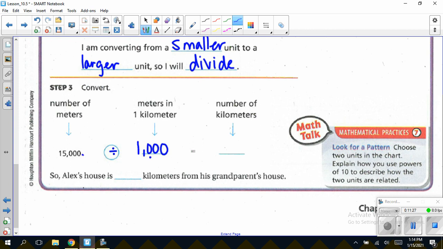And because there are 3 zeros, I'm swooping 3 place values, and remember division is to the left. So therefore, once I swoop that decimal 3 place values to the left, I find that it is 15 kilometers. So Alex's house is 15 kilometers from his grandparents' house.